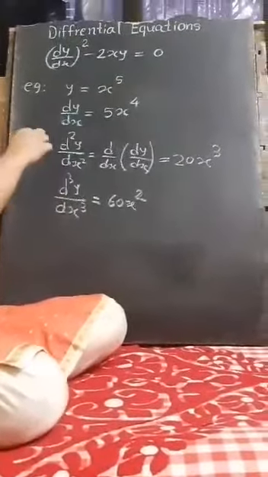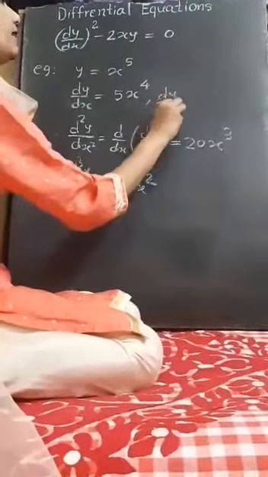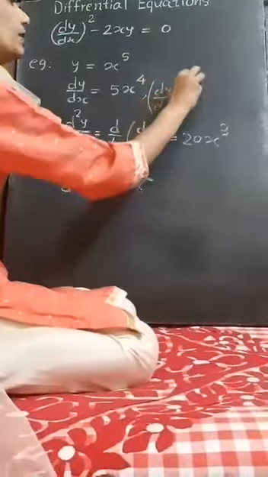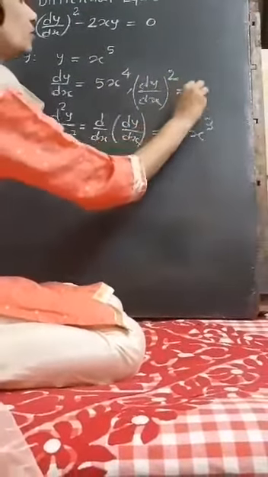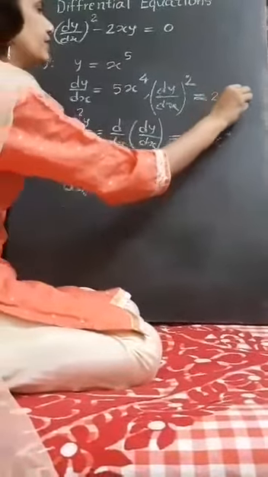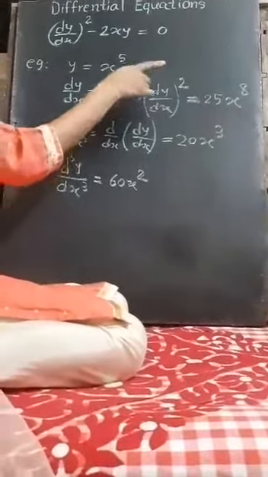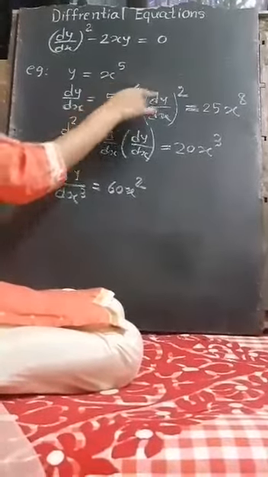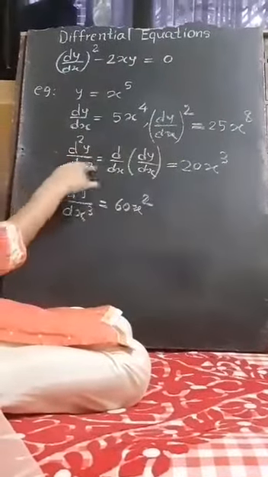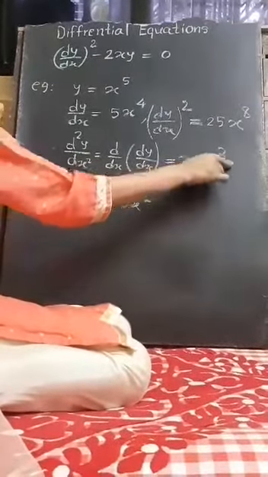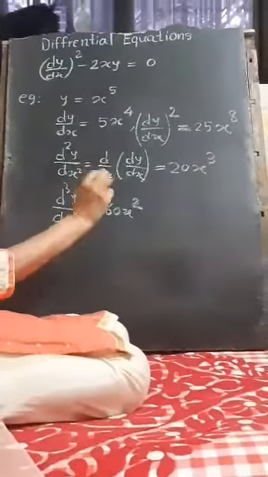Now just see the difference. What is (dy/dx) whole square? It will be the square of this quantity. It will be 25x^8, because x^4 into x^4 is x^8 and 5 into 5 is 25. Now see d^2y/dx^2, it is 20x^3. So certainly these two things are not the same.